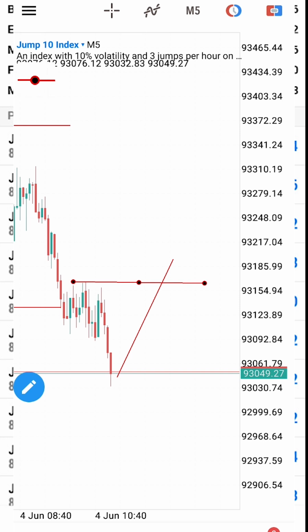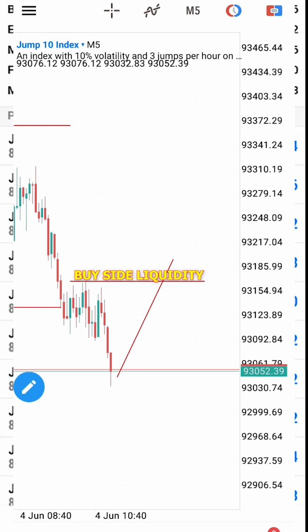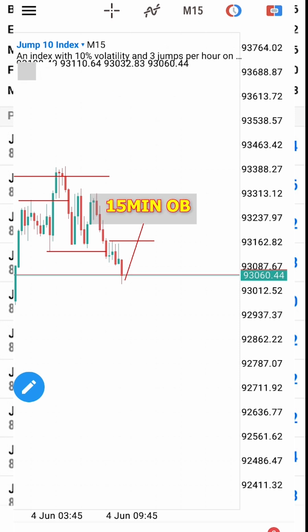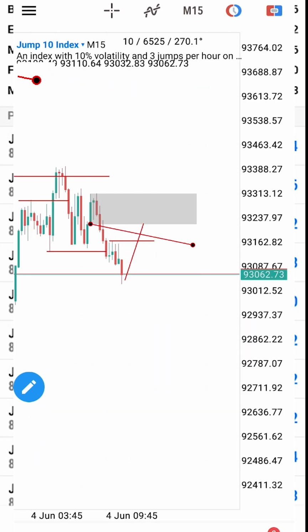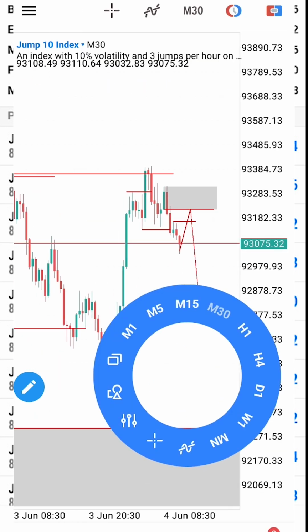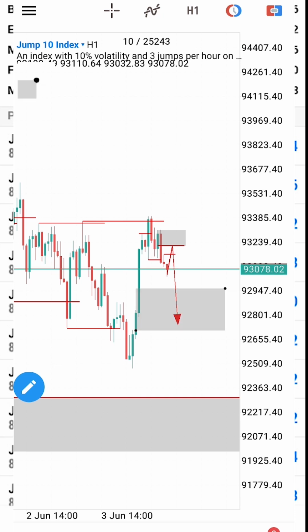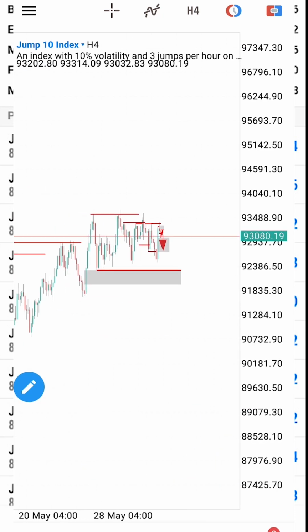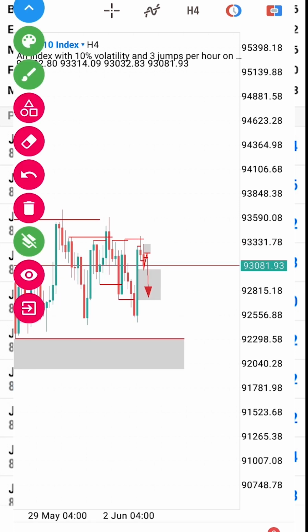So price is going to shoot up above that internal buy side liquidity, and then it's going to hit the 15-minute order block, or 30-minute order block, 5-minute order block you find within that range, and it's going to drop off into the huge imbalance, and also the equal lows it was creating.